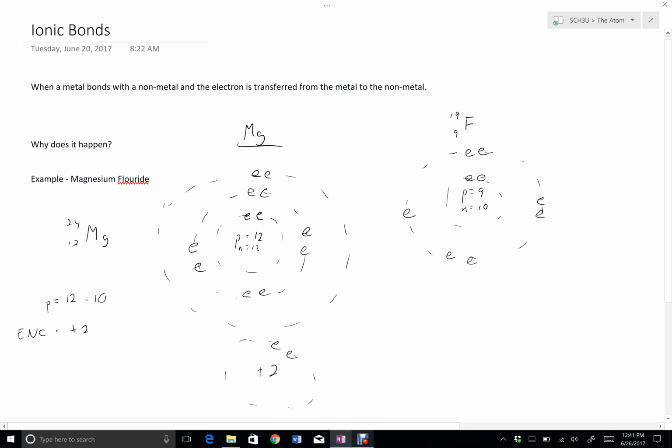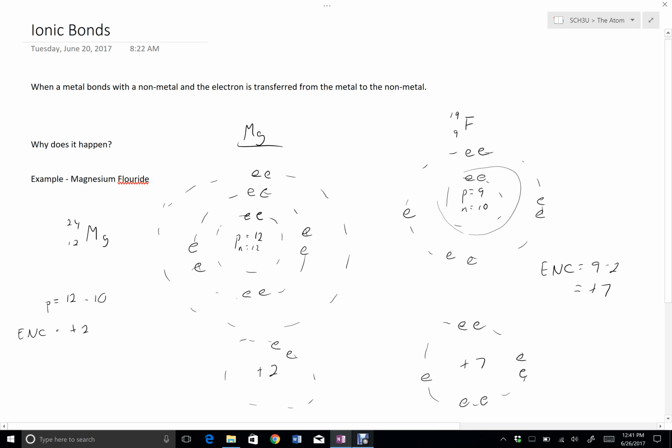And again, if we want to simplify this for bonding, we can recognize that this all appears like one object with an effective nuclear charge of the number of protons, 9 minus the inner electrons, 2, which is +7. So +7 with its 7 valence electrons around the outside.